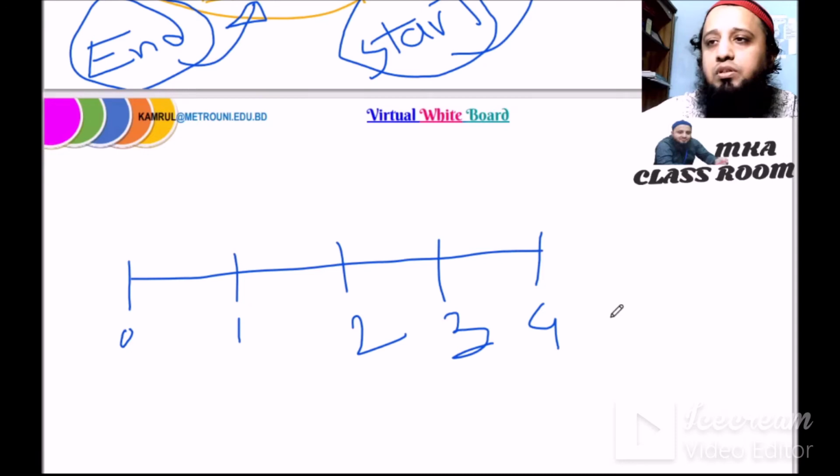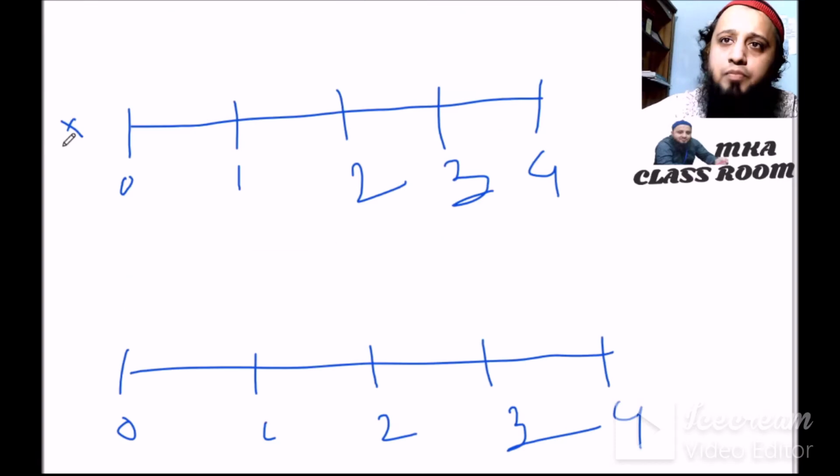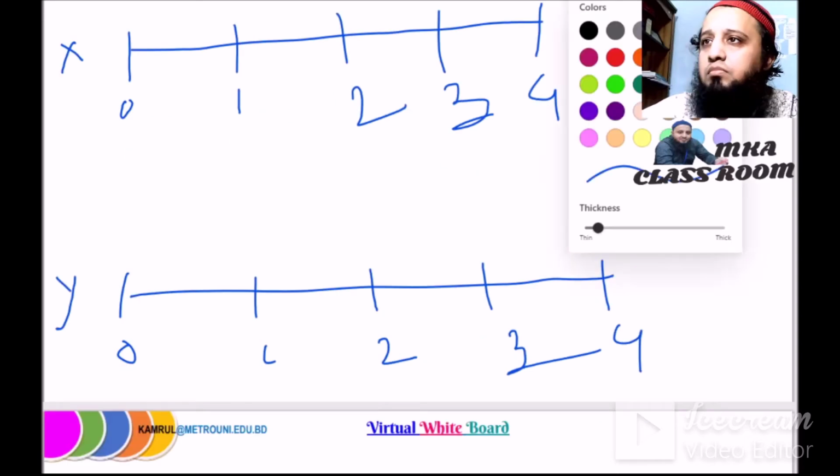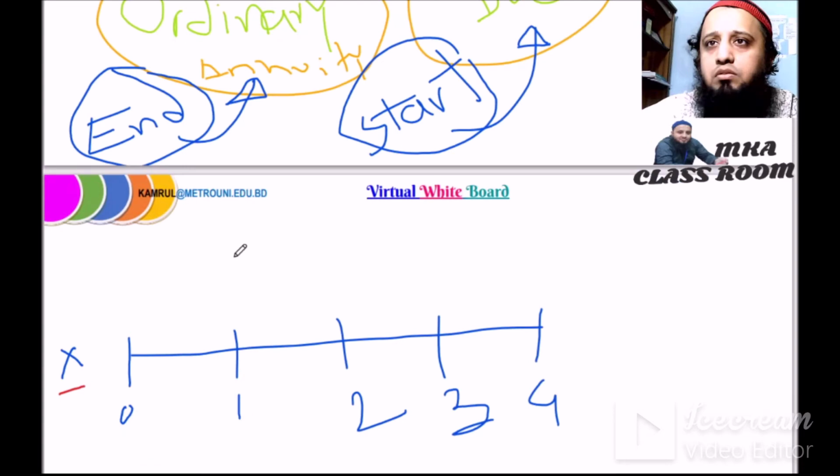It is the name of project X and it is the name of project Y. We have told that the ordinary annuity starts at the end of the period.